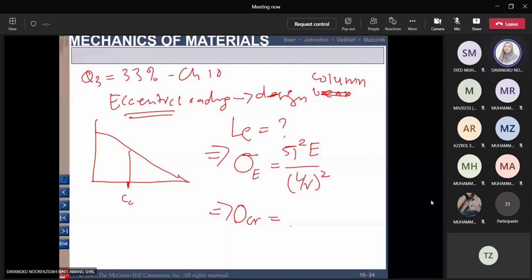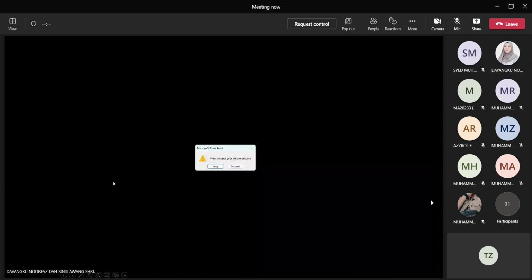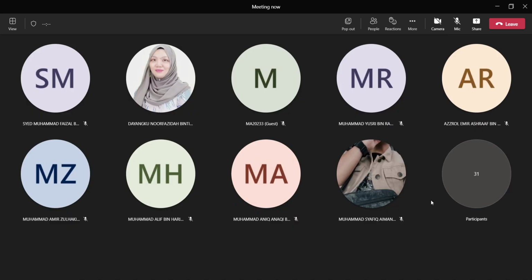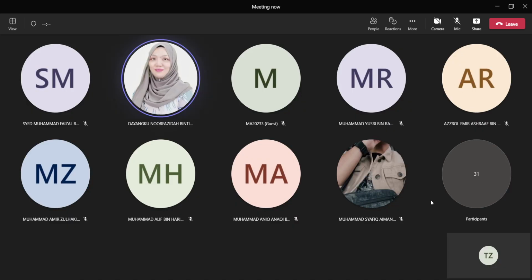And for the design, this graph is not given to you. So the graph is not given to you.